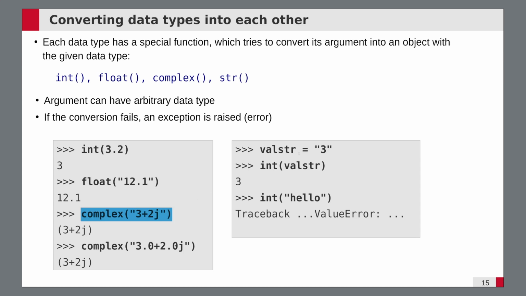For example, if you specify a variable which contains just the string 3, and you convert it to integer, then indeed you get the integer 3. But if you try to feed a string into the int function which does not represent a number, then of course you will get an exception, an error, so this will definitely not work. With that, I will finish the part on the basic data types.